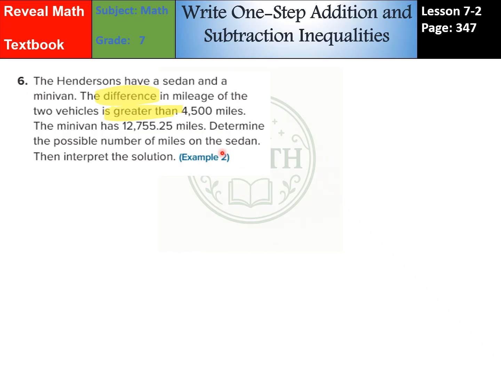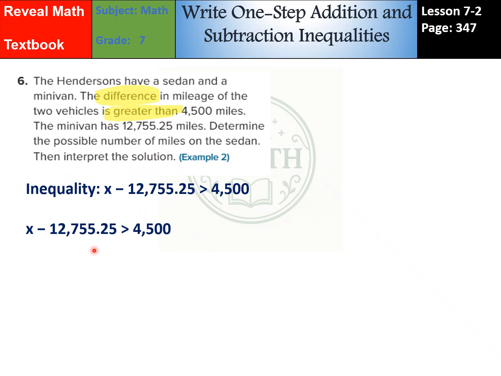Write a difference inequality: x minus 12,755.25 is greater than 4500. How will we solve it? You add 12,755.25 to both sides. It gives you x is greater than 17,255.25.